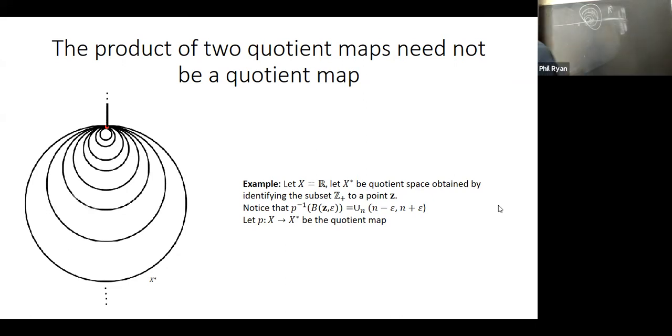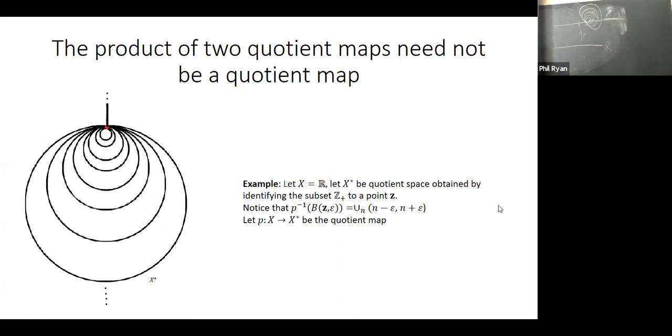Okay, so you understand this kind of guy? And so let P then be the quotient map that takes R, the straight line R, and just sends it back to that point there.